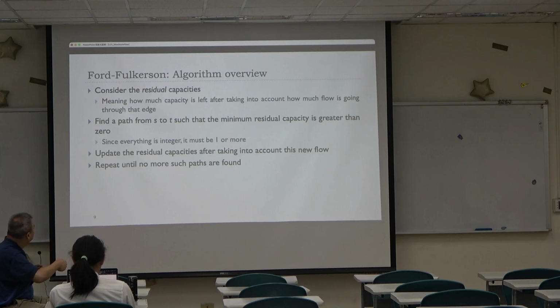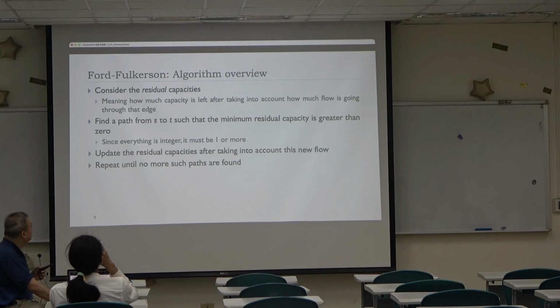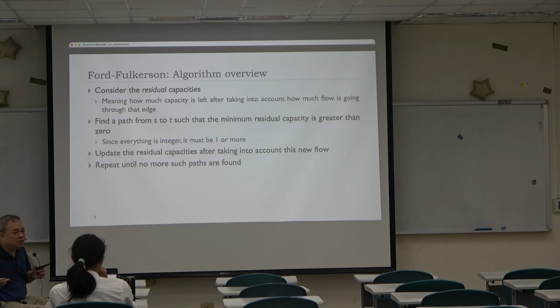But as you assign flow, you will only consider whatever is left. So first, we find a path from S to T such that the minimum residual capacity is greater than 0. Remember we use integers for capacity, so when we say the minimum residual capacity is greater than 0, that basically means it is at least 1.